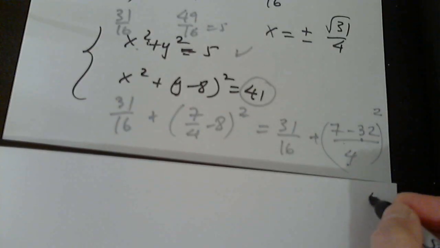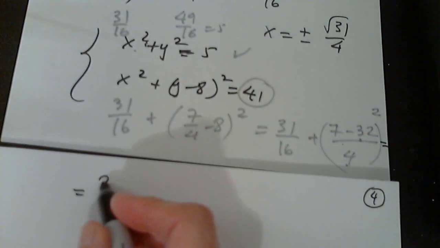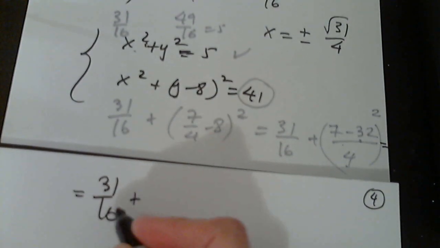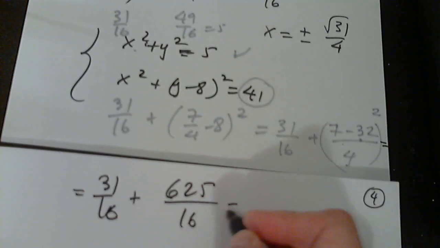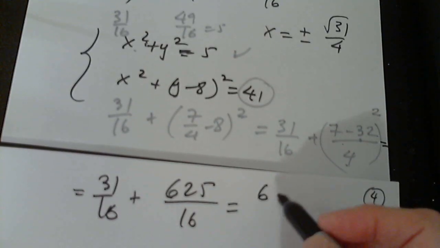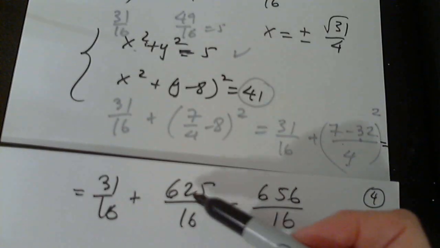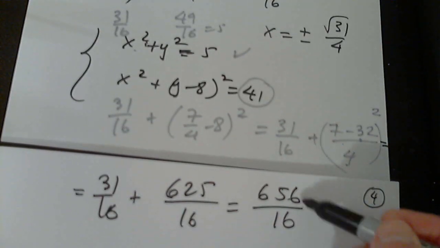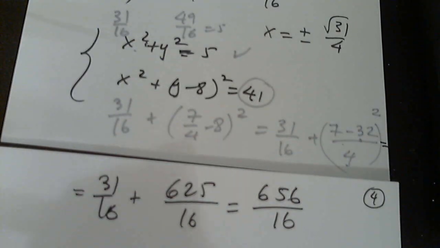That's my page 4. Okay. So 31 over 16 plus 625 over 16 equals 656 over 16. If this division is 41, I'm okay. If this division is not 41, I'm not okay.